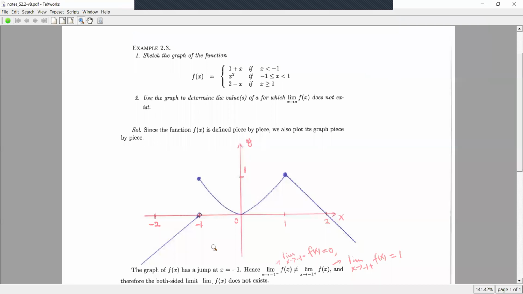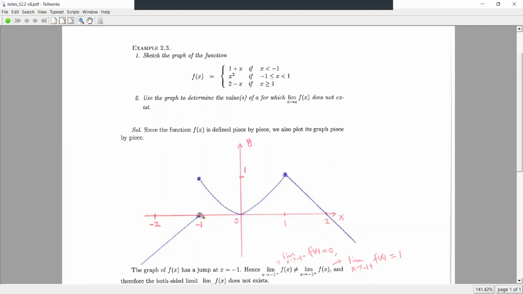Now, use the graph to determine the value of the point a at which the both sided limit doesn't exist. From the graph of the function, we can see that at the point x is -1, the graph has a jump. When a graph has a jump, there both sided limit doesn't exist because left-hand side limit, right-hand side limit, they are different. When x approaches -1 from the left-hand side, the graph approaches this point.